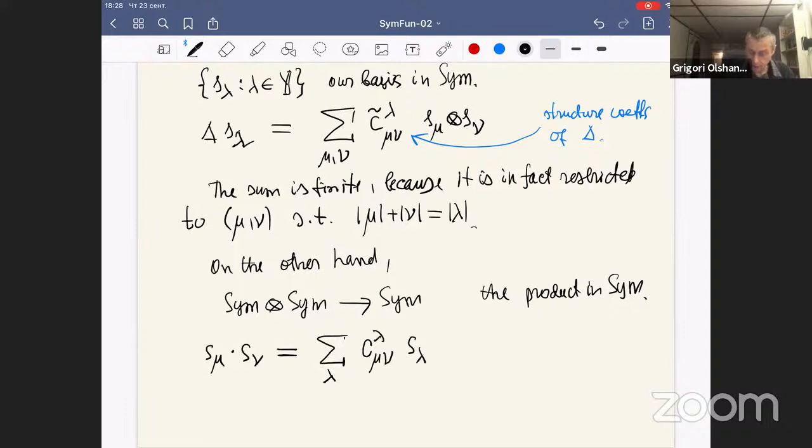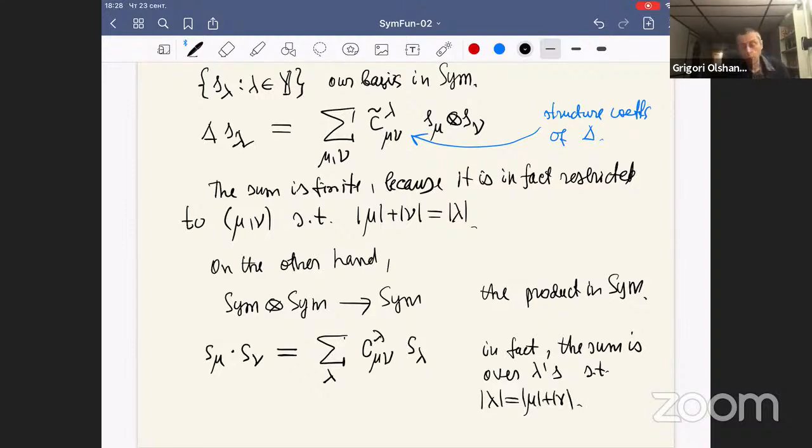And here again, the sum is over lambdas such that, again, the product is compatible with the grading.